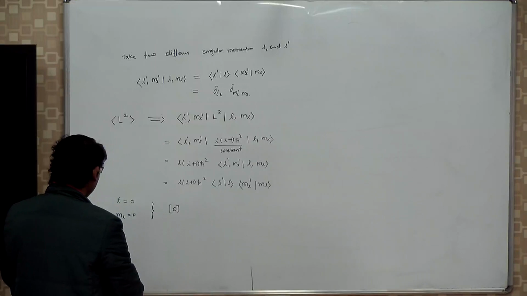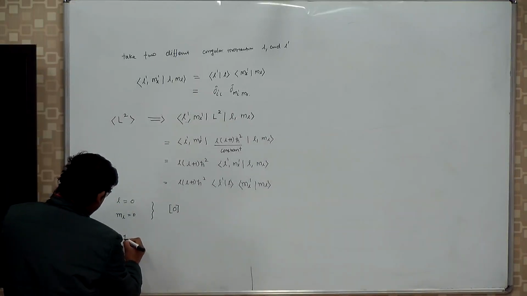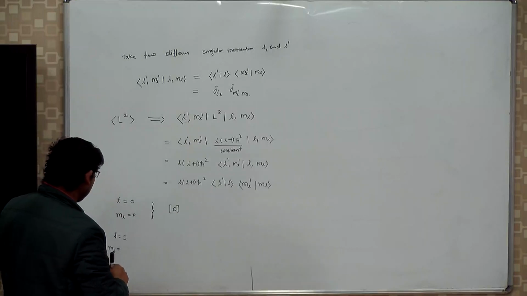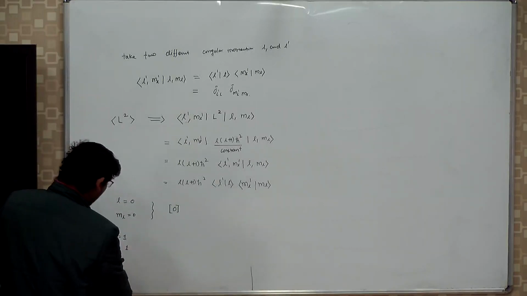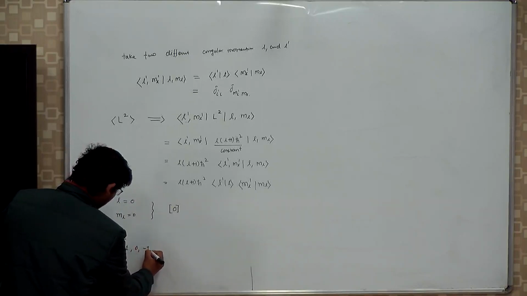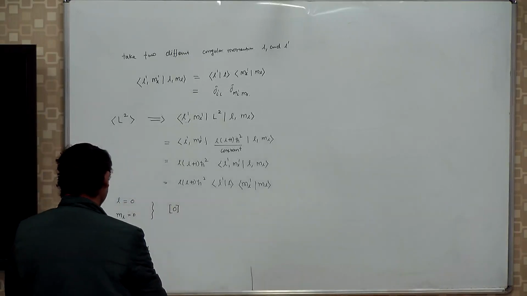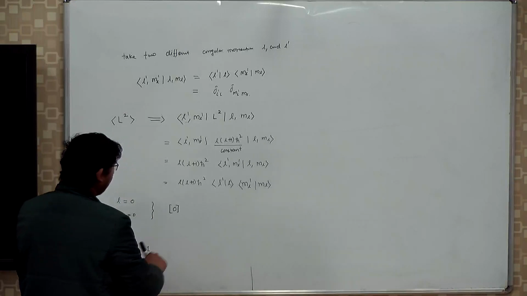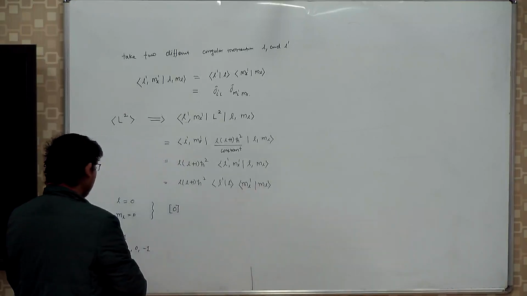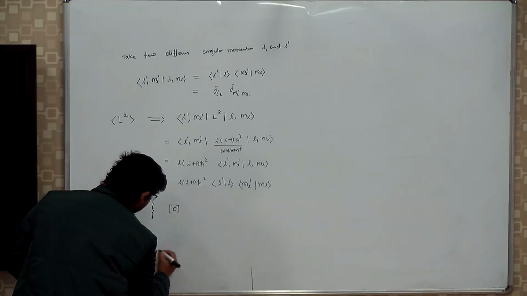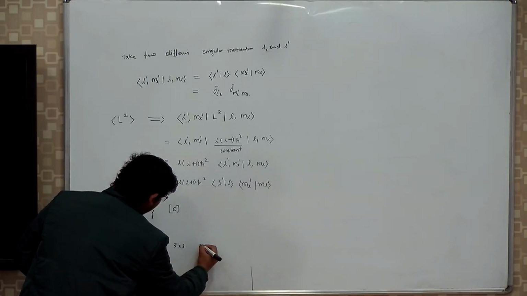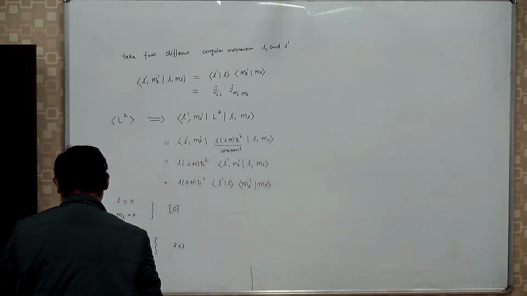And for L equal to 1, the M L has 3 possible values: 1, 0, minus 1. If we apply the permutation with M L and M L dash, the dimension of the matrix will be 3 by 3, that means 9 total entries will be in this matrix.